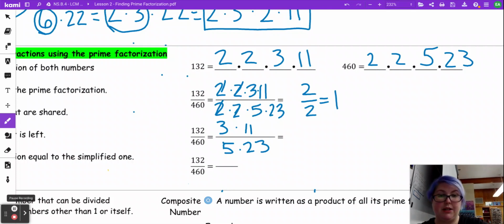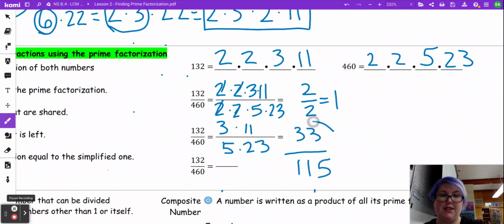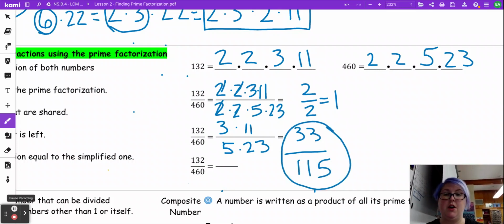In this case, 3 times 11 is 33. 5 times 23 is 115. So the simplified fraction for 132 divided by 460 is 33 divided by 115. So, of course, you could go and say, okay, divide the top one by 2, divide the bottom by 2. This is just a simpler, faster way to do that exact same thing with prime factorization.